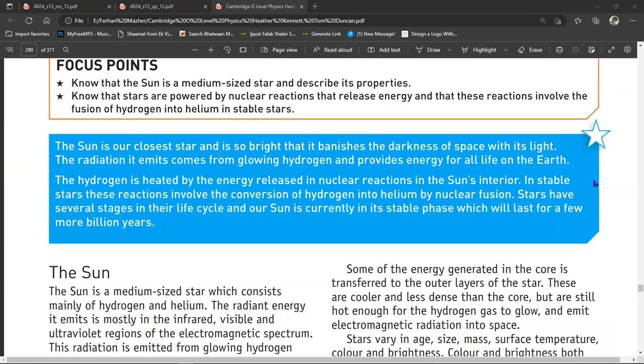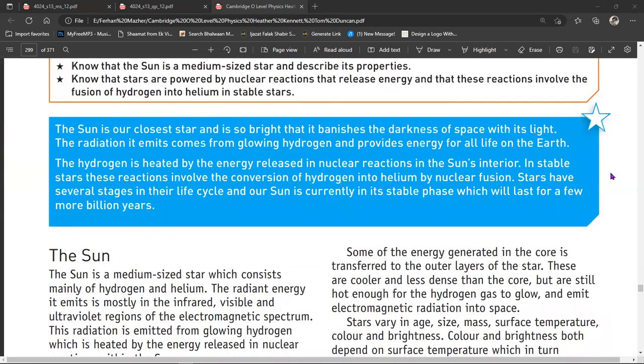The sun is our closest star, and it is so bright that it banishes the darkness of space with its light.